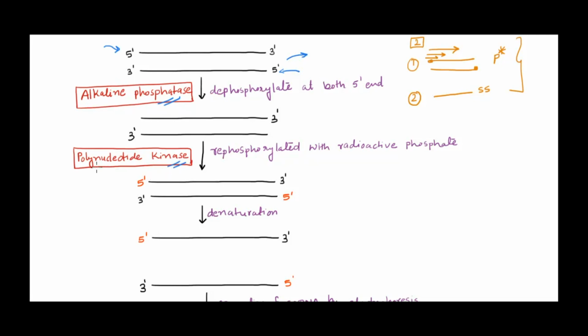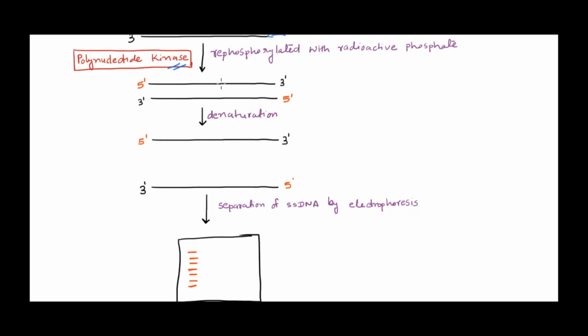So we will use nucleotide kinase, that means it adds phosphate, or rephosphorylates with radioactive phosphate, at both the 5' ends. So now our sample is ready, and the modification we did is that we radioactively labeled it. At the 5' end there is a radioactive phosphate. So now we know that whatever sequence we are going to read is from this labeled 5' end. So there will be no confusion.